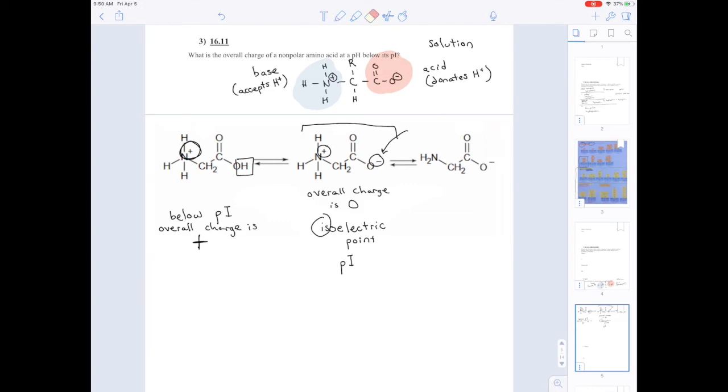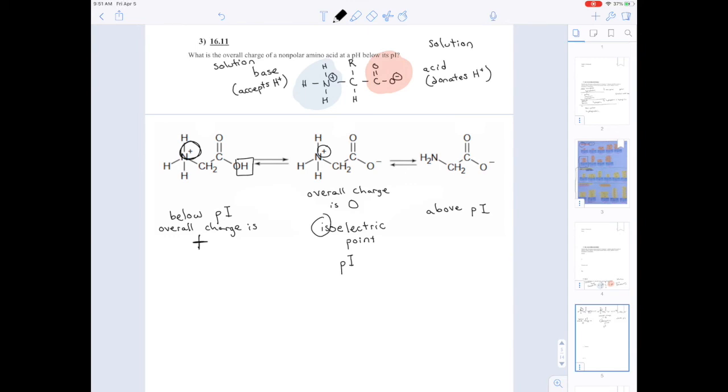Okay, now let's think about above the pI. If the pH is above the pI, then that means the solution is really basic, high pH, pH higher than 7. That means the solution wants to rip hydrogens off of any molecules in it.